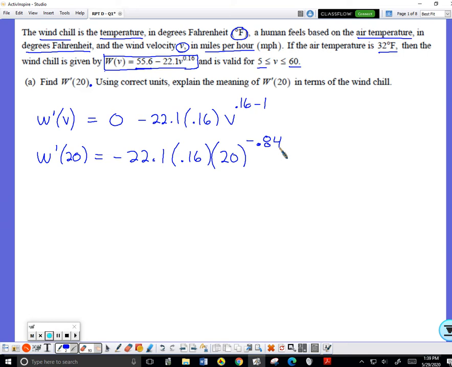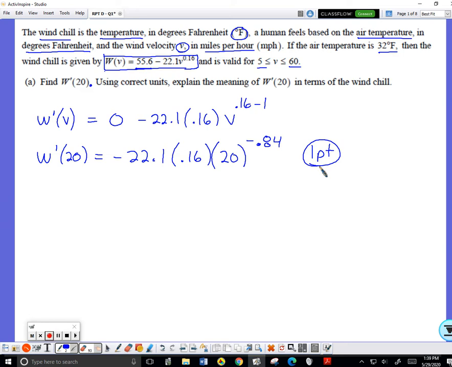And by doing that, we would earn the point for finding W prime of 20. Oh, we should include the units.